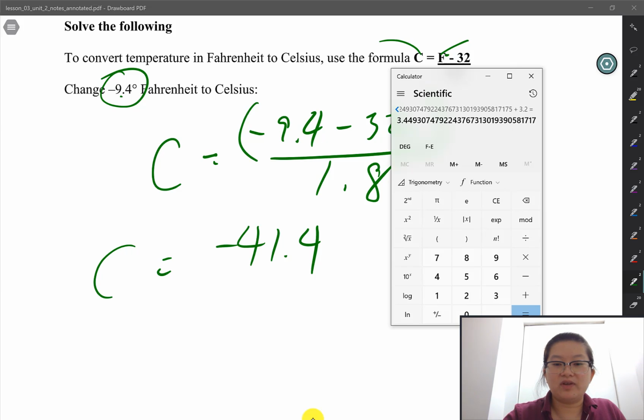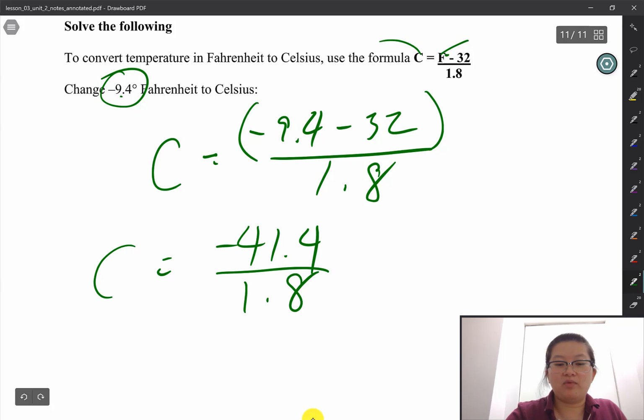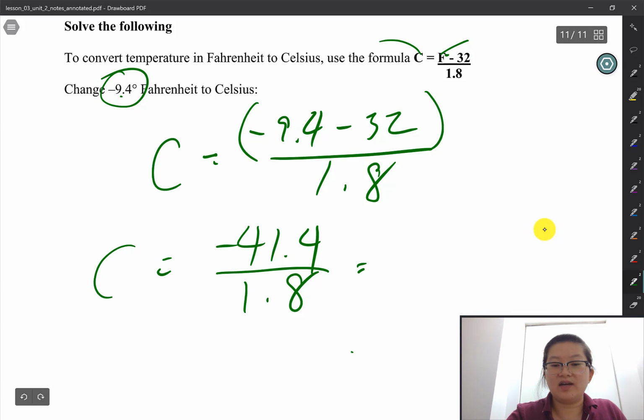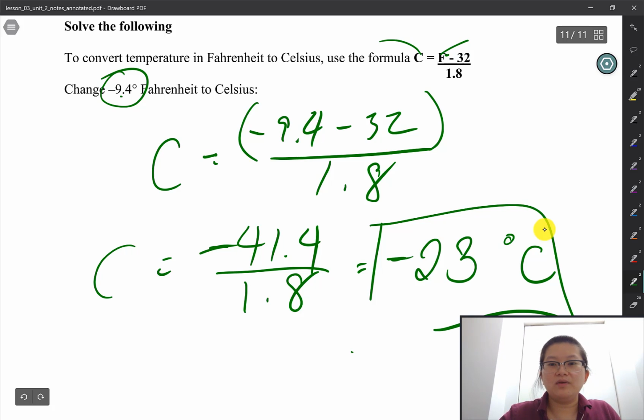Okay, and of course we can double check. 9.4 plus 32. Okay, and then we got to take the whole thing and divide it by 1.8. Divided by 1.8, it's going to give us 23. Very nice. 23, or actually negative, because this number is negative. Negative 23 degrees Celsius.